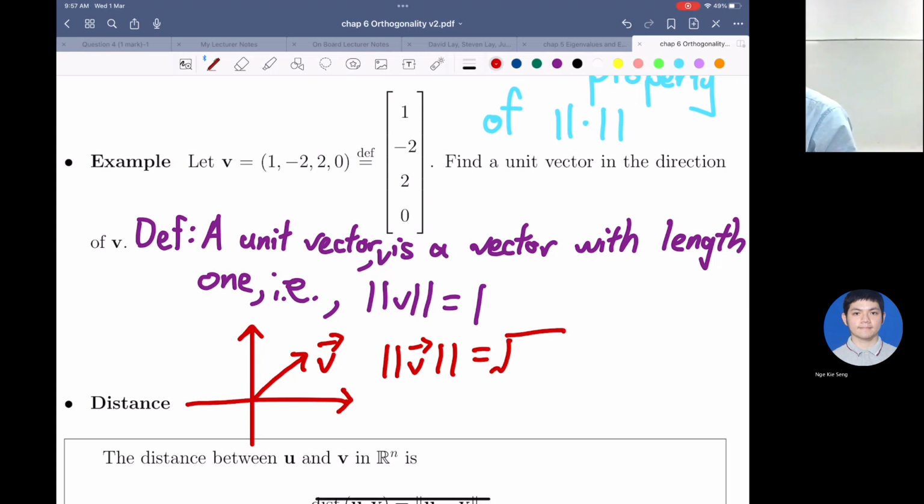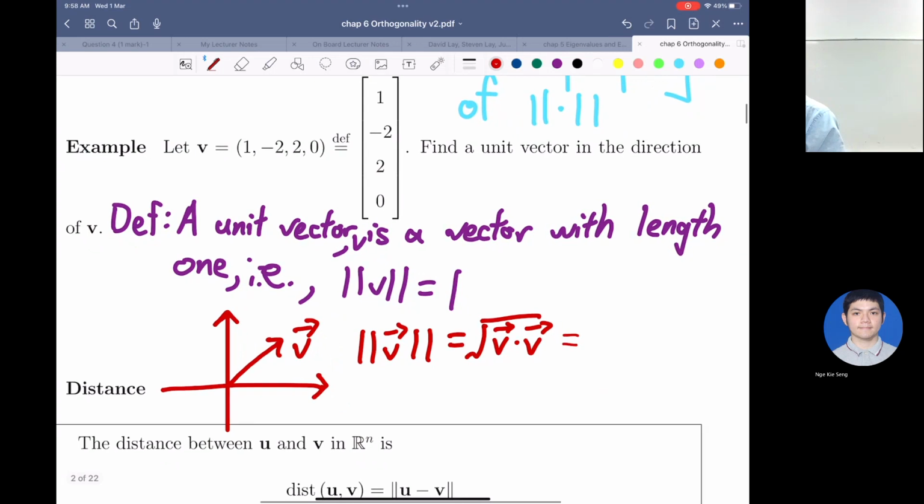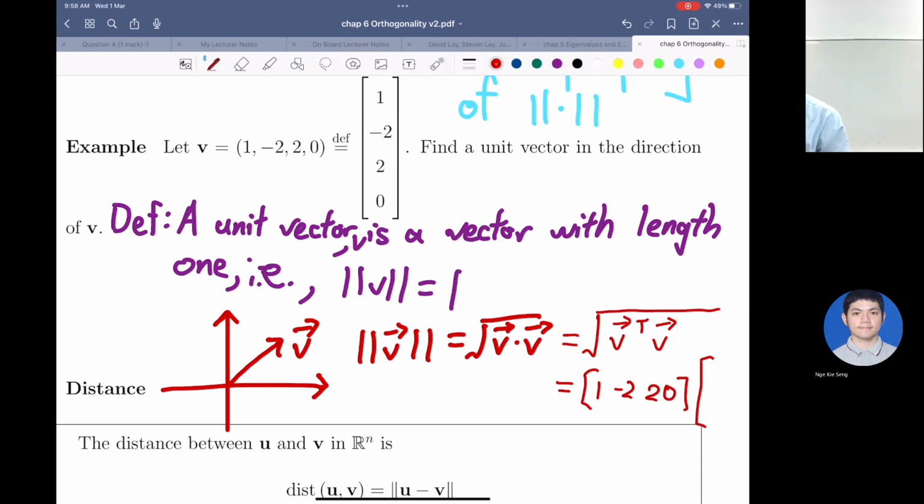You take the square root of v dot v, right? So you take v transpose times v. The main thing you want to remember, at least for this section, is this part here: the length of v is equal to the square root of v dot v.